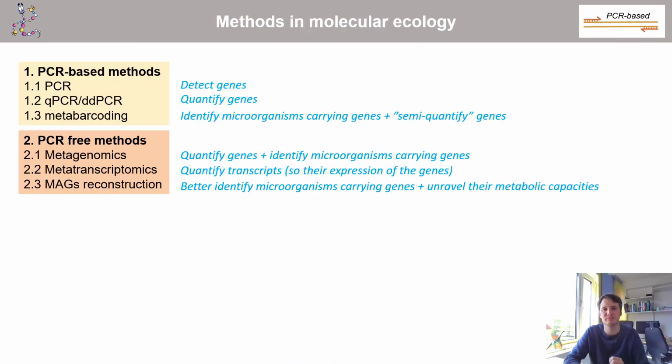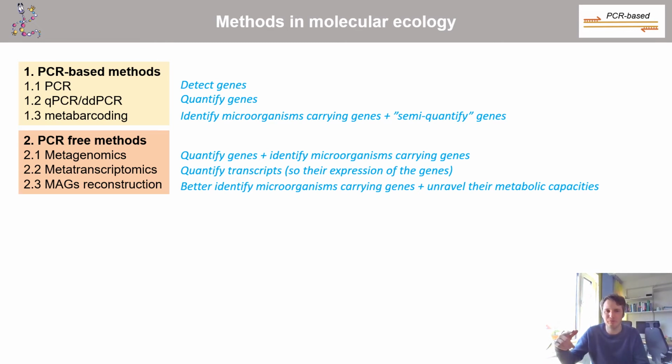To summarize, if you use a PCR on, let's say, your hgcAB genes, you can say if the gene is present or not: detection. Using qPCR, you can quantify the gene. Using metabarcoding, you can identify microorganisms carrying those genes.